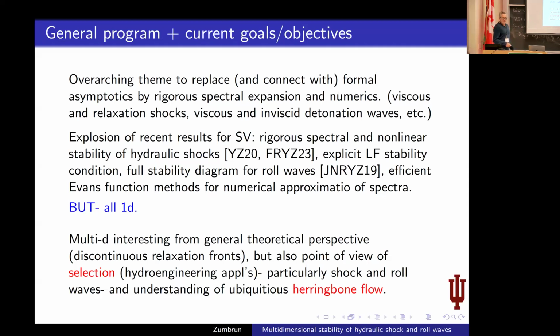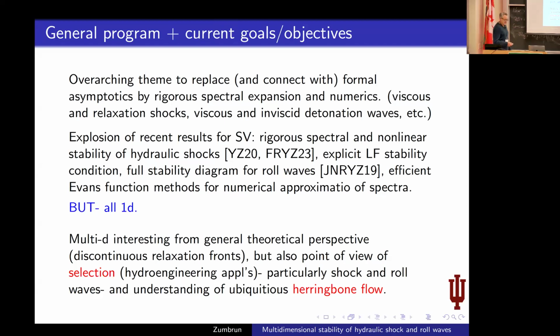Multi-D in general is interesting, and especially because here we have discontinuous relaxation fronts. And, you know, for example, in the inviscid theory, going from 1D to multi-D was a major landmark work of Majda. Sometimes there's a big jump.